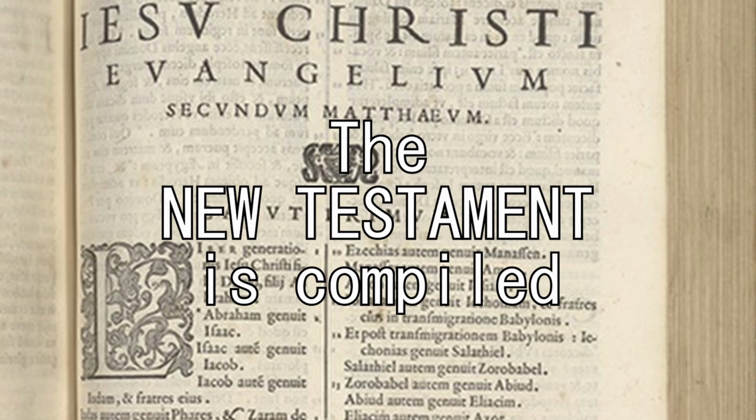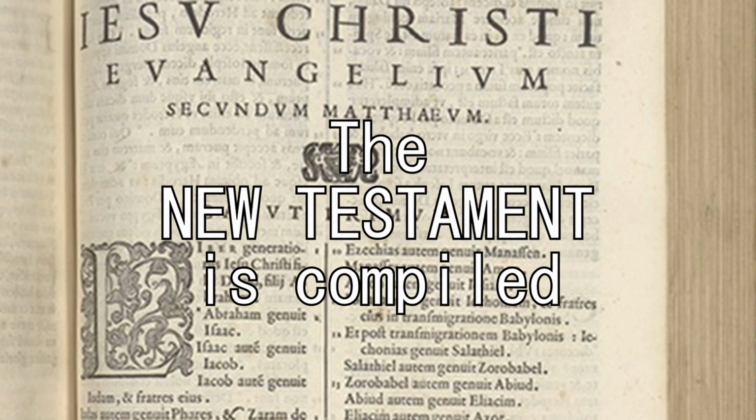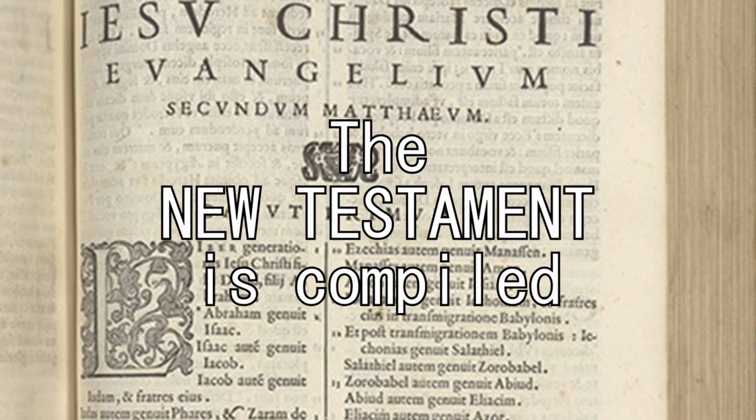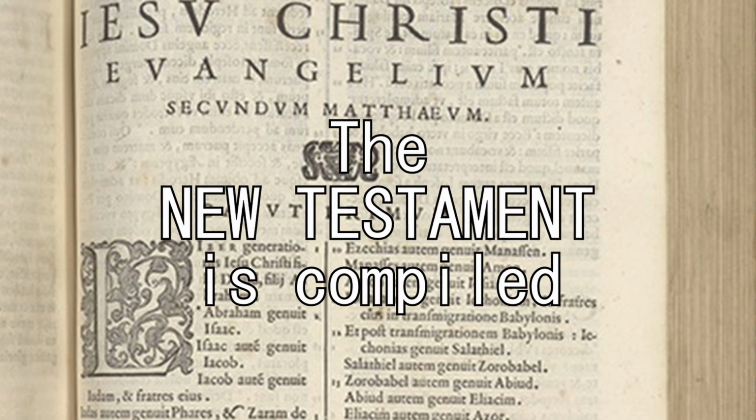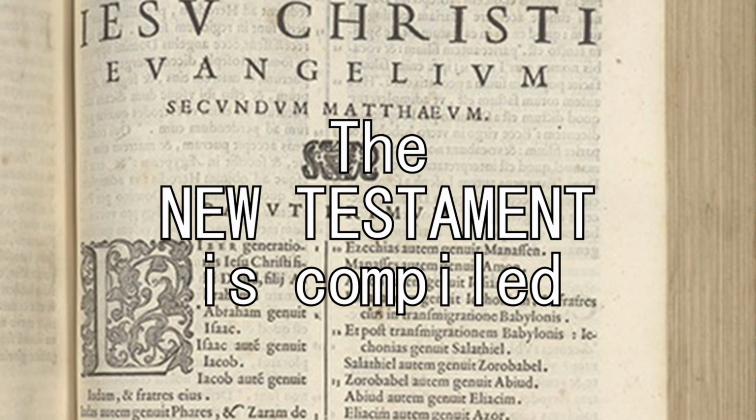They're not part of the canon. For the first couple of centuries, as the church is figuring out how to deal with Marcion and his canon and Gnosticism and other heresies as well, they are going to devise not just two categories, right? Inspired, not inspired, but more than that.